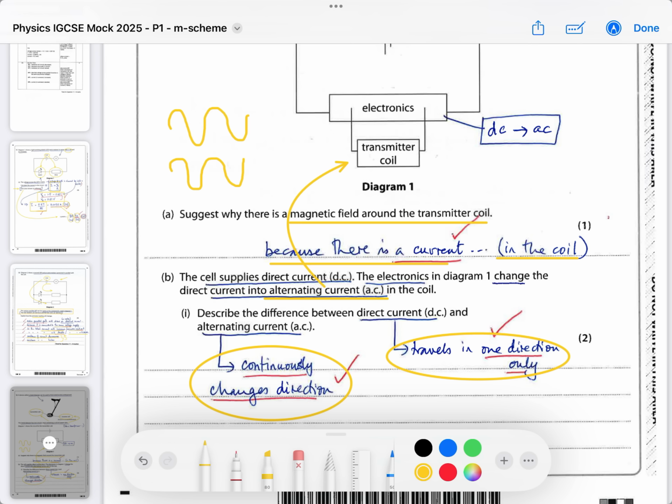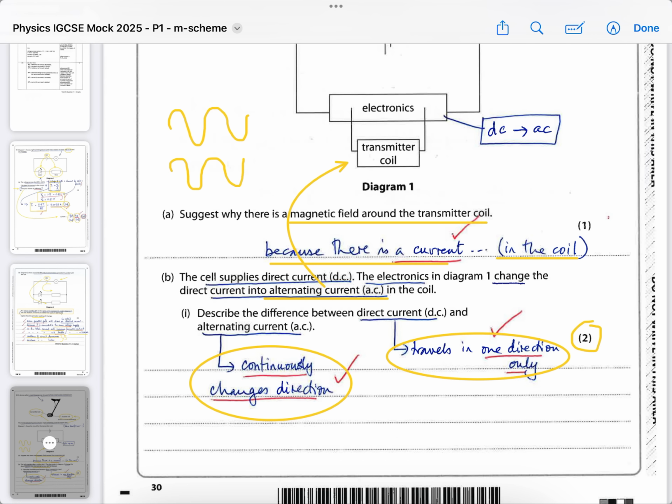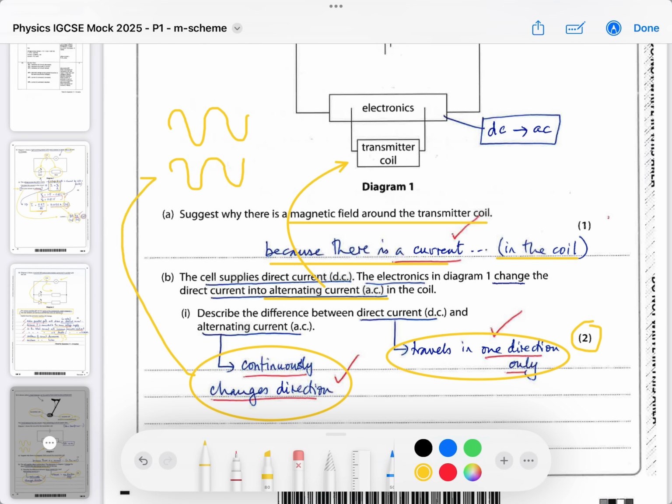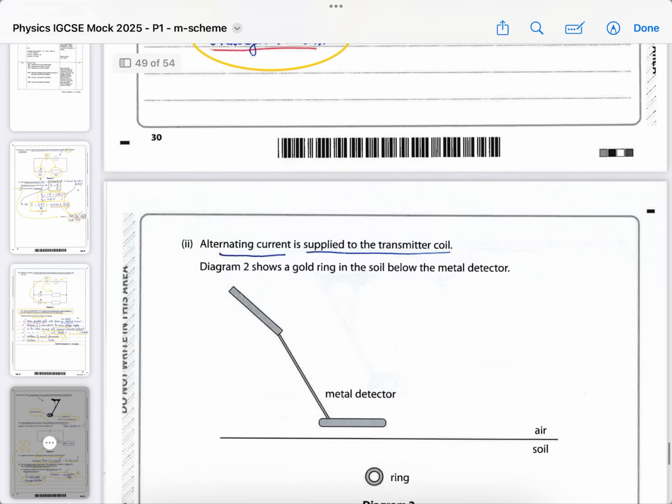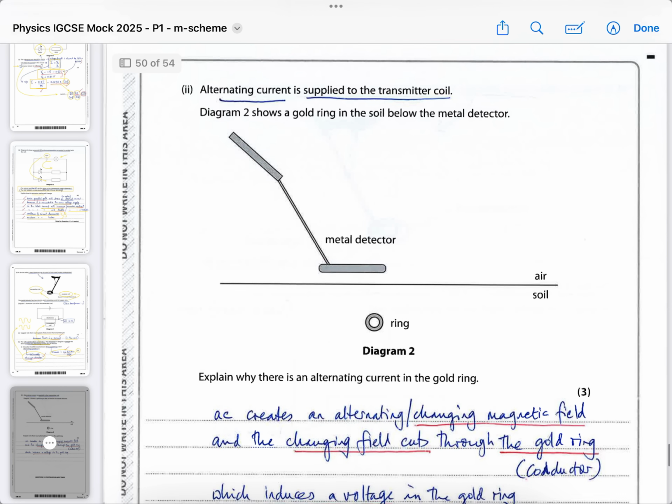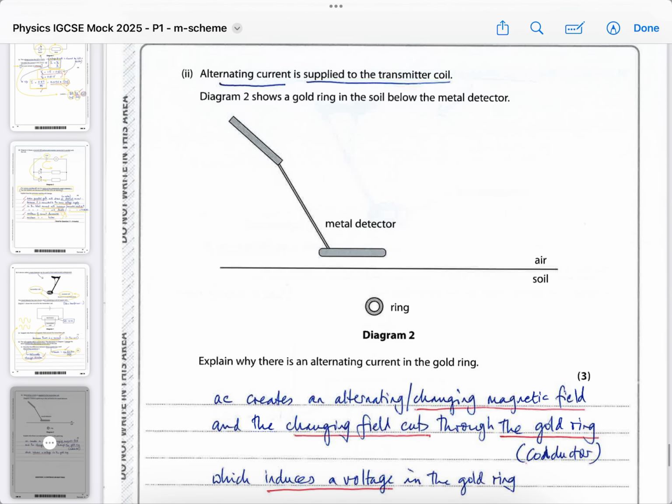You have to say constantly changing direction to get the 2 marks. Okay? So that's explaining to you that we have a constantly changing magnetic field, as I've drawn here, due to the constantly changing current. Okay, so you're going to have an alternating magnetic field, or a constantly changing magnetic field.